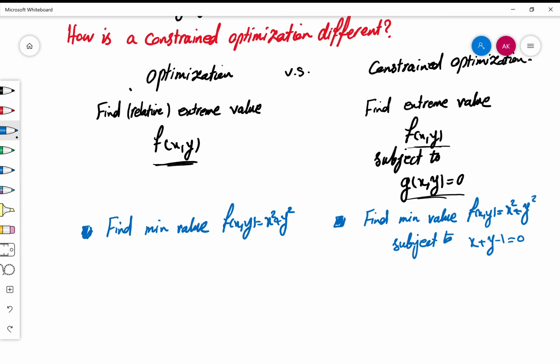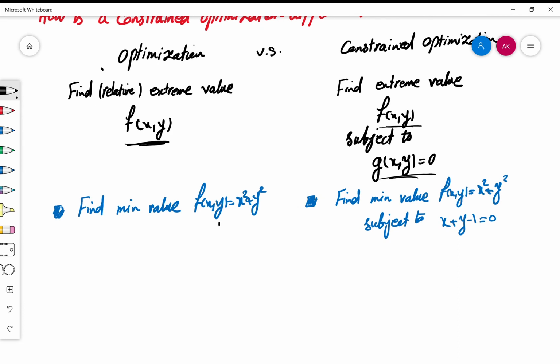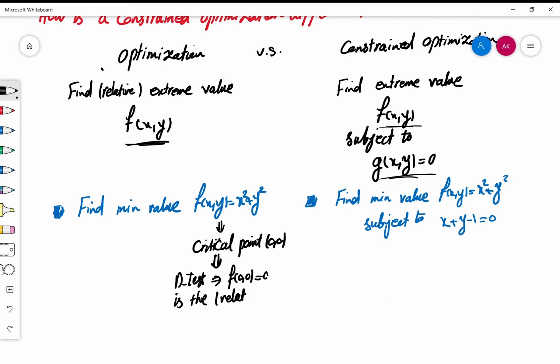Yes. So when you're trying to find the minimum value with regular optimization, remember the steps. Find the critical point. Well, in this case, it is (0, 0). And since we are looking for a relative max or min, in this case both of them match, we use the second derivative test, and we see that f at (0, 0), which gives me 0, is the relative minimum of f.